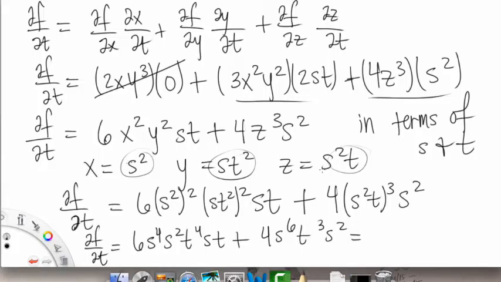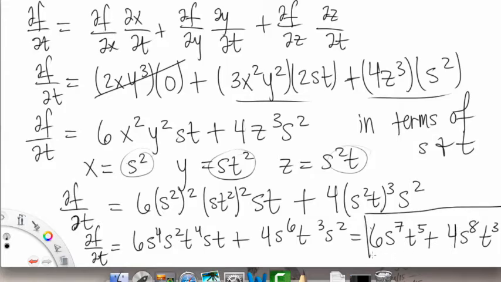So our final answer is going to look like this, as we add up all these exponents. In the first term, we have s to the 7th power and t to the 5th power. And then plus 4s to the 8th power and t to the 3rd. So that's basically our final answer right down here in the corner.